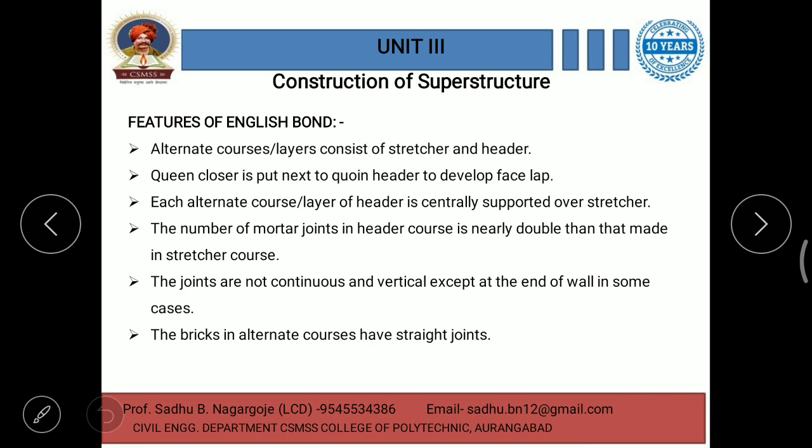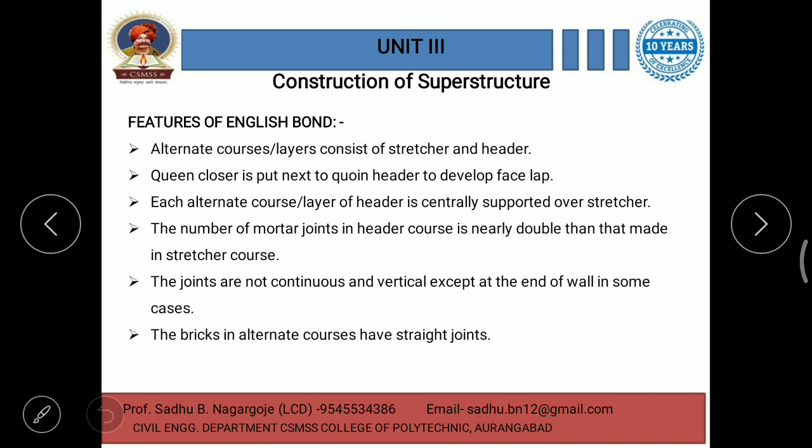Okay, that again is an obvious thing, that means stretcher shows whole face of the brick, and header shows a half face of the brick, and therefore the joints in a header course are almost double than that in a stretcher course.